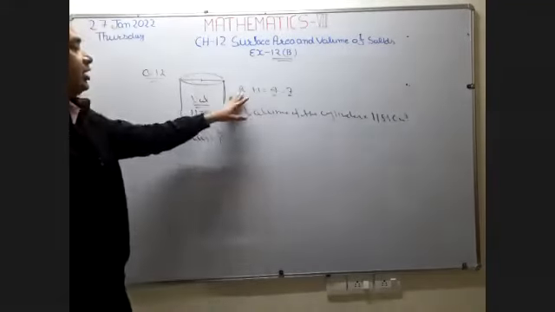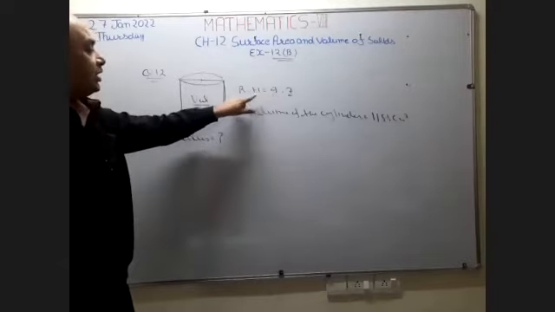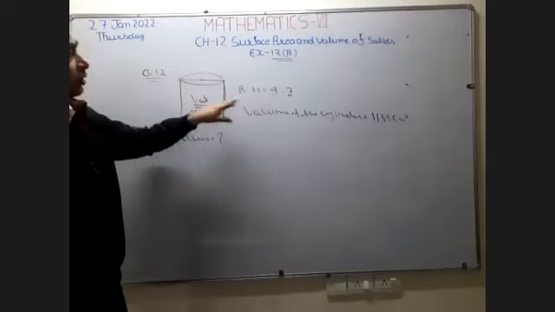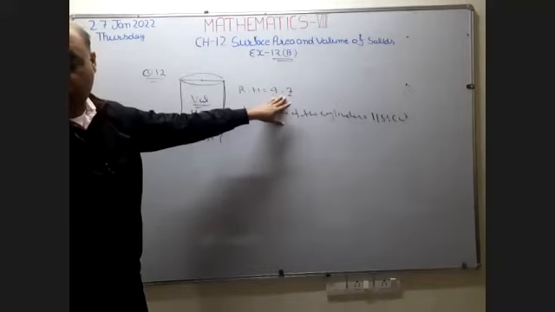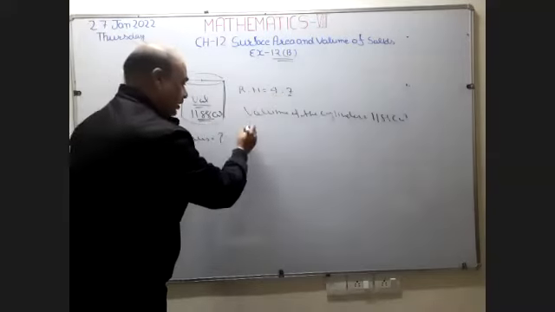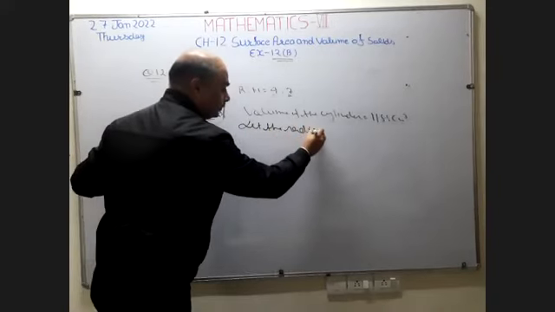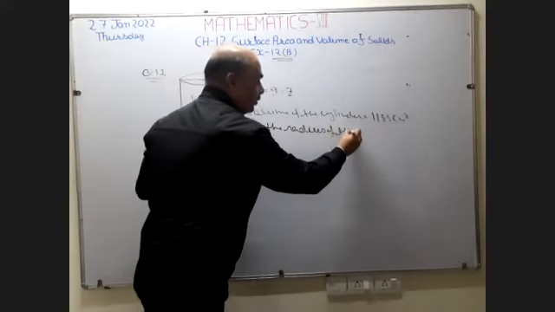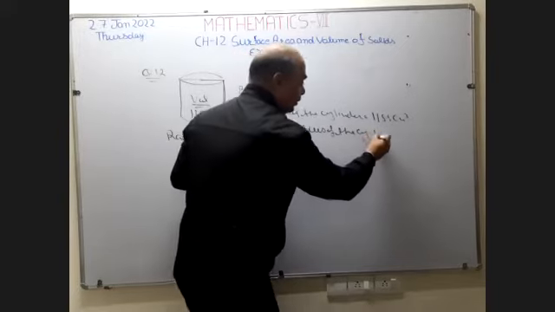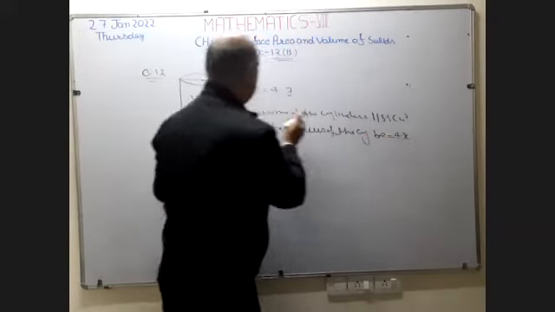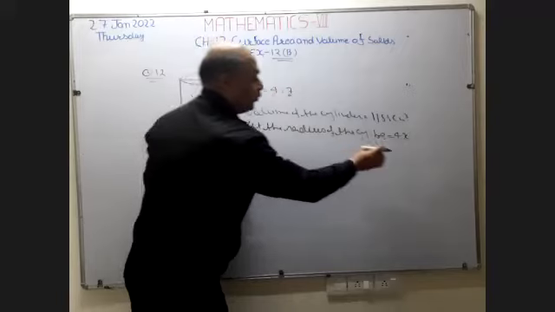So suppose the radius of the cylinder becomes 4x and the height of the cylinder becomes 7x. Since the ratio is given, you have to suppose this first. So right here, let the radius of the cylinder be 4x because it is given 4:7. So I suppose 4x.